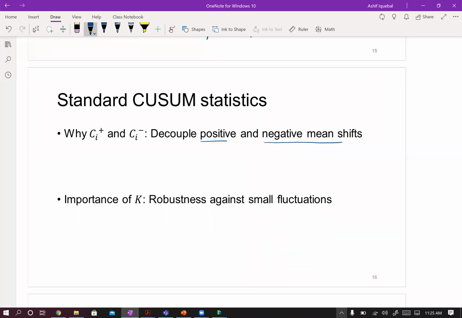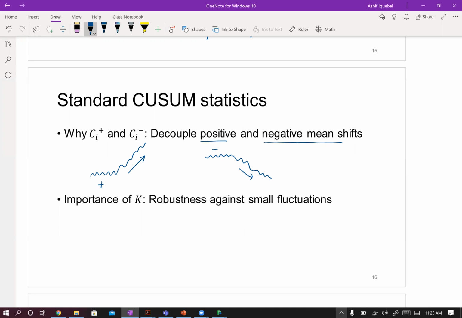If there's a positive mean shift, your control chart will start to shift upwards. And if you have a negative mean shift, your control chart will start to drift downwards. So you want to decouple these two effects. That's the most important reason to have Ci plus and Ci minus.